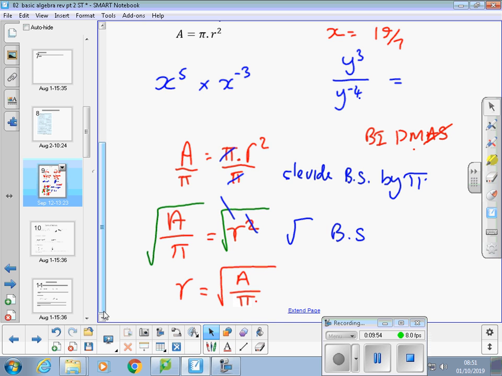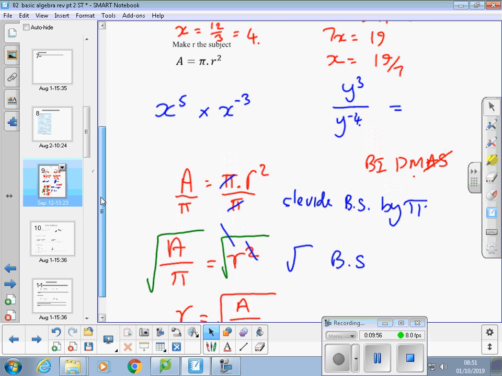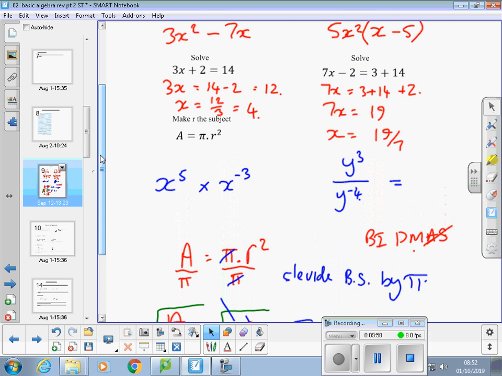What about these two? x to the 5 times x to the minus 3. How'd you get that? Yeah, if you're multiplying, you add the indices.